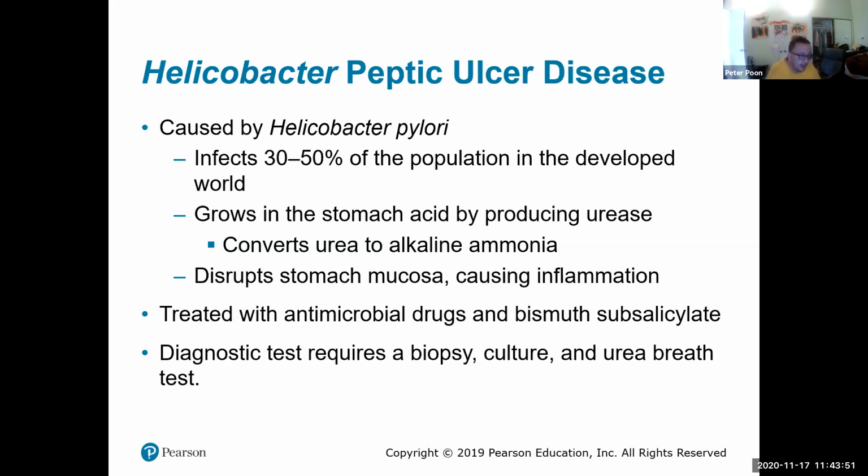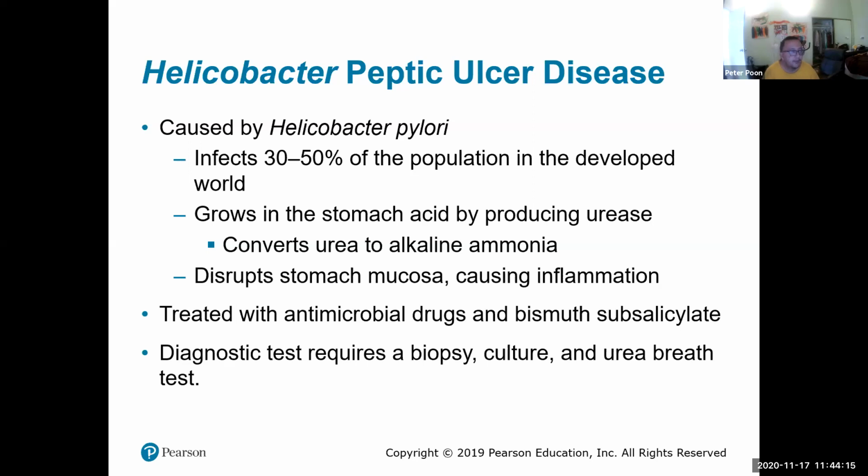This type of bacteria, we learned about in microbiology lab. They grow in stomach acid by producing urease. They convert urea to alkaline ammonia, and that ammonia neutralizes the acid around them.